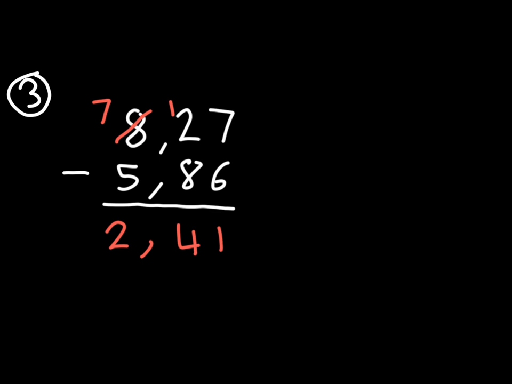Just a quick little note, when you are adding or subtracting these decimals, remember that the decimal points need to line up with each other. And then you can carry on with the addition or subtraction.